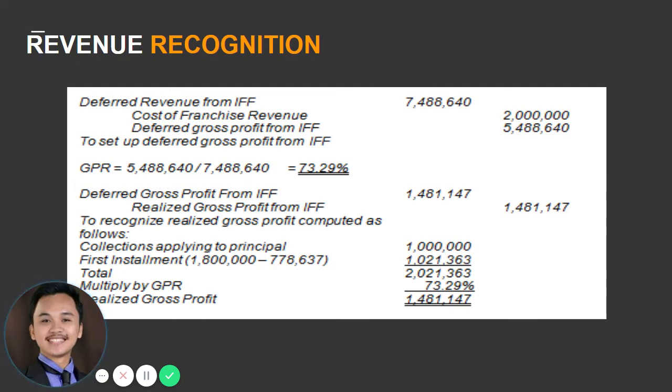So that means we have operating income of 1,431,147 plus our interest income earlier of 778,637. So net income for this year under this case will be 2,209,784. Again, net income will be 2,209,784.